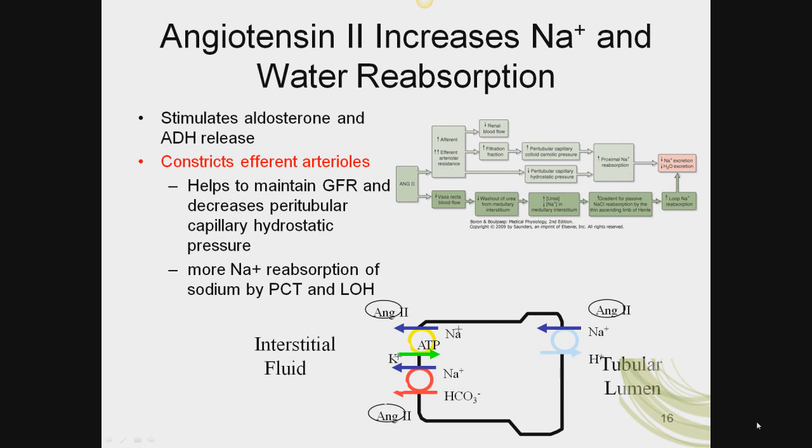It then stimulates more aldosterone release from the zona glomerulosa, and also stimulates the hypothalamus to release ADH. All of these mechanisms are going to help bring back more sodium and water reabsorption, retention, and blood pressure is going to elevate and increase.